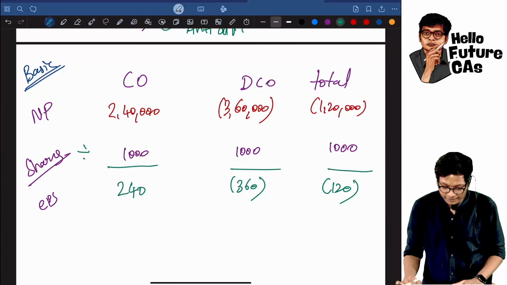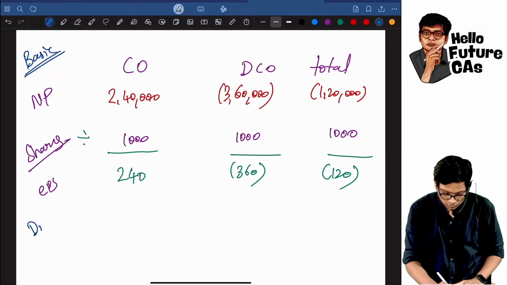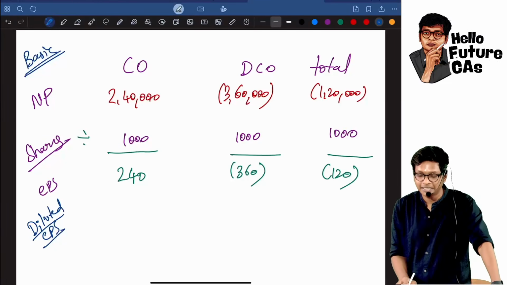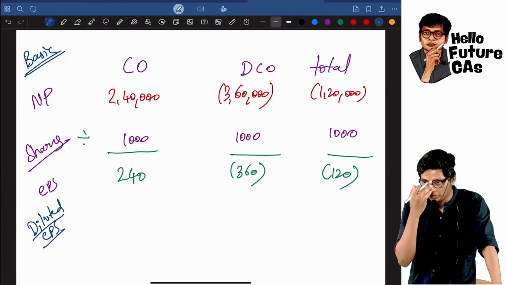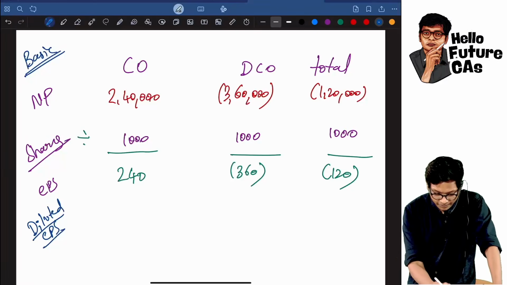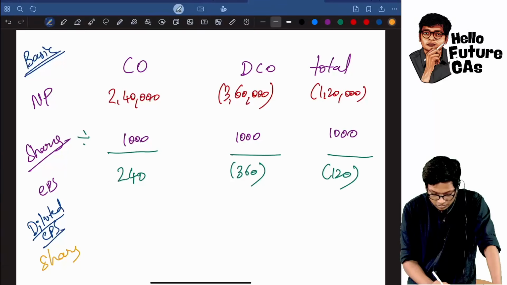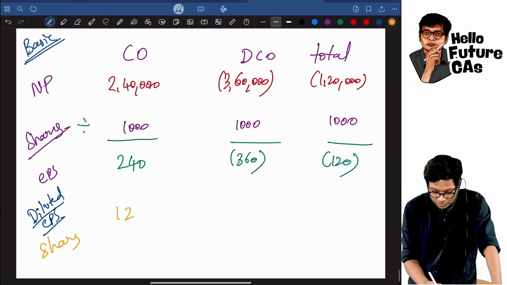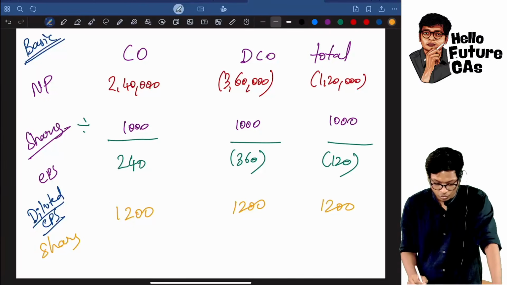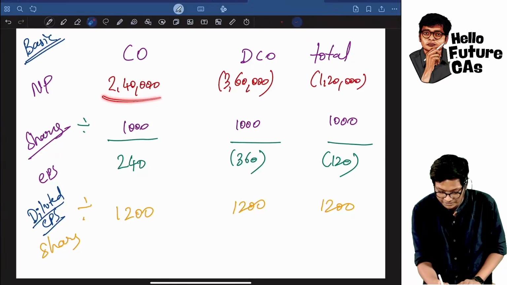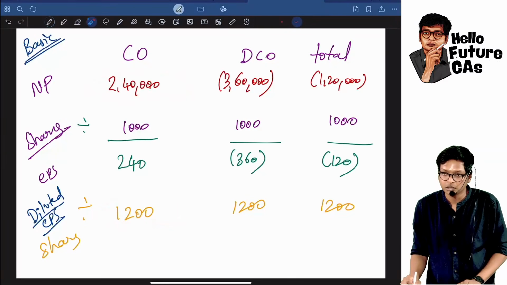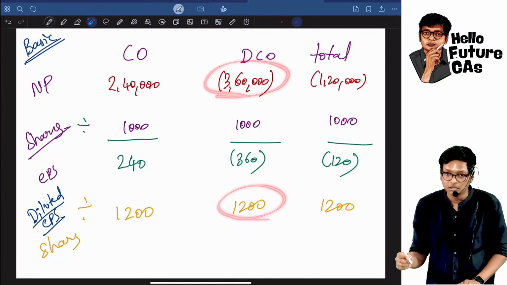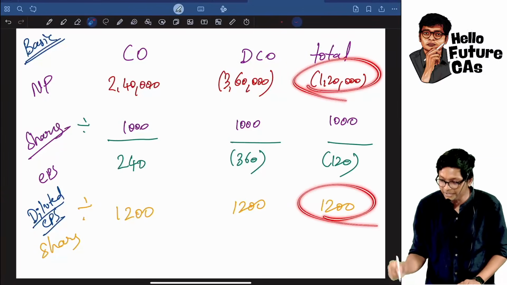Now the same thing if I have to go for diluted EPS. First, of course, I'm going to make a small mistake, we'll see that first. I will again divide by shares, so I will divide by 1,200. 2,40,000 divided by 1,200. 3,60,000 divided by 1,200. 1,20,000 loss divided by 1,200.